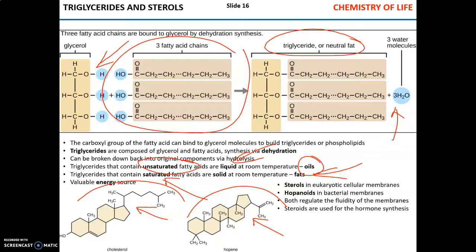Sterols regulate the fluidity of eukaryotic cellular membranes and eukaryotic organisms such as humans. Hopanoids regulate the fluidity of cellular membranes in bacteria. Another role of sterols in a human organism is to serve as the precursor for various hormones, steroid hormones such as estrogen or testosterone or cortisol.